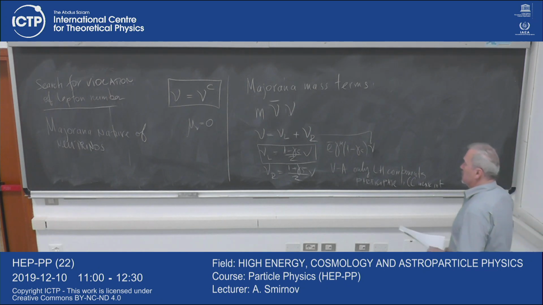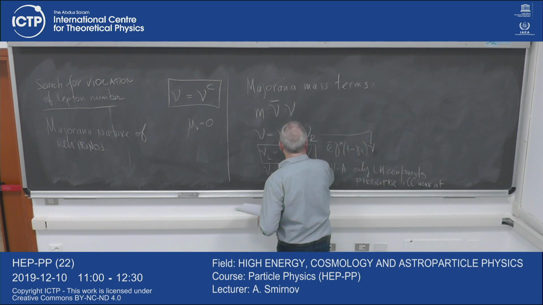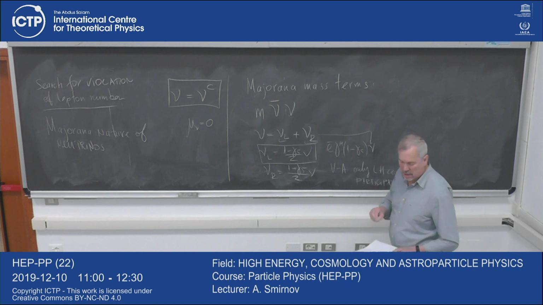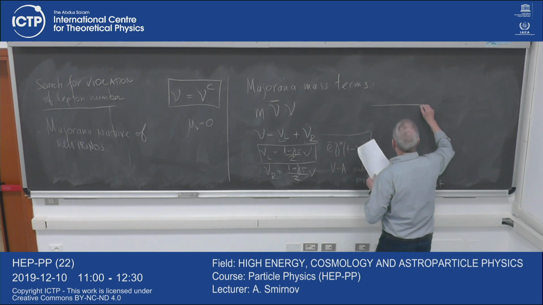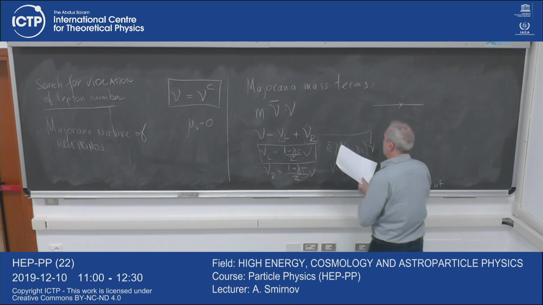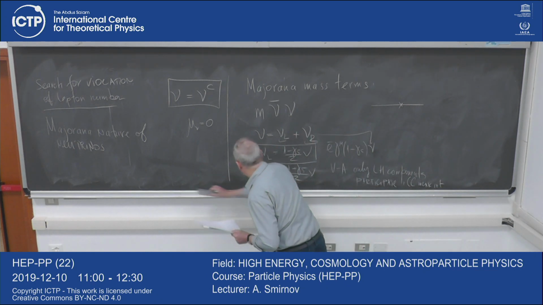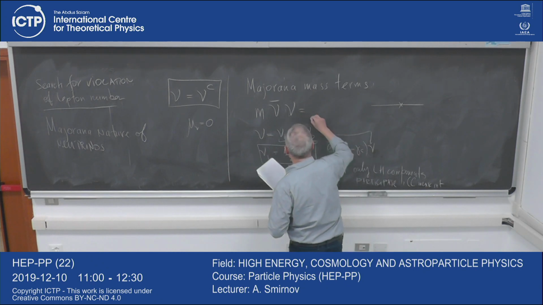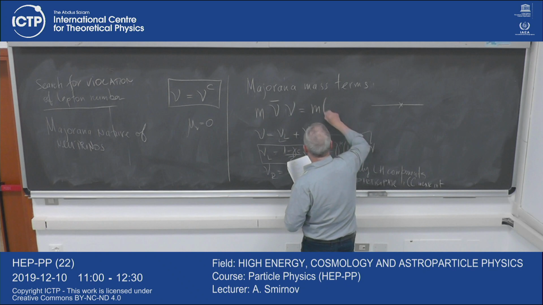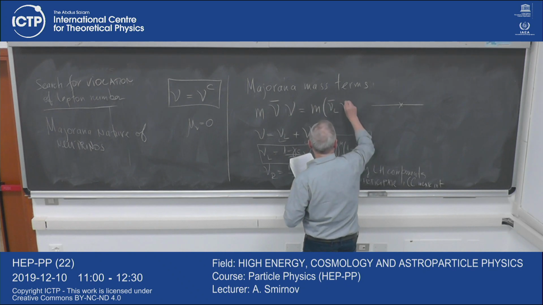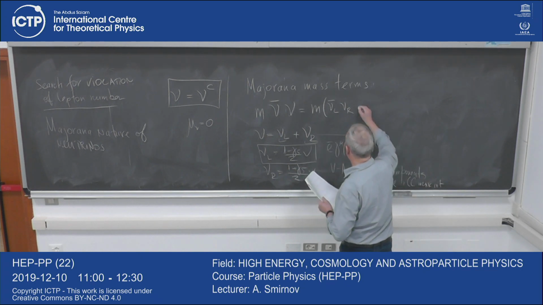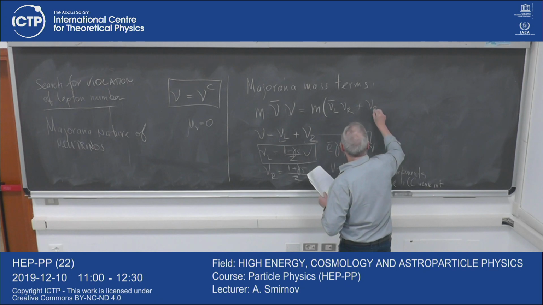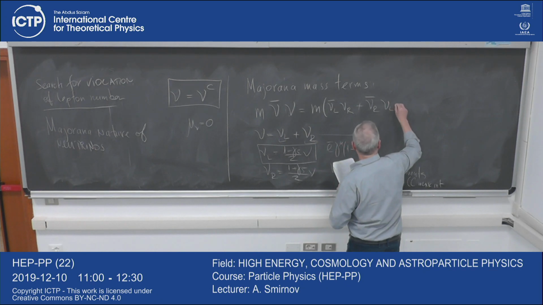Now, for Dirac neutrinos, left and right components can be considered as independent components. We have a four-component fermion theory. What is important is that this mass term can be interpreted as a transition. Using left and right components, let me write this as M times (nu-bar left nu right plus nu-bar right nu left).